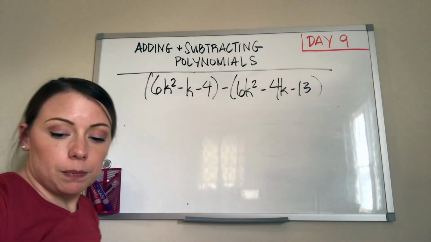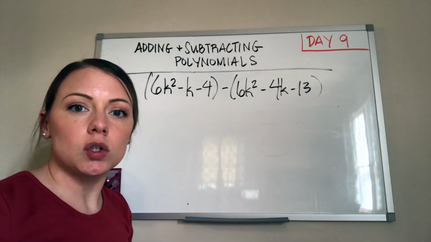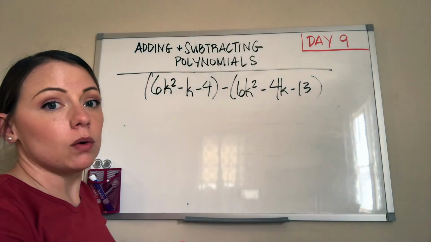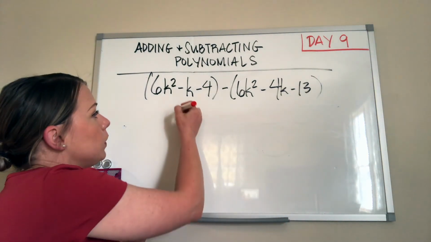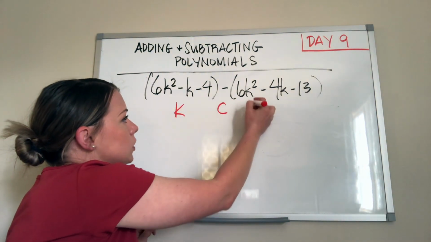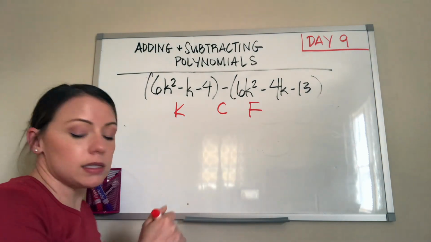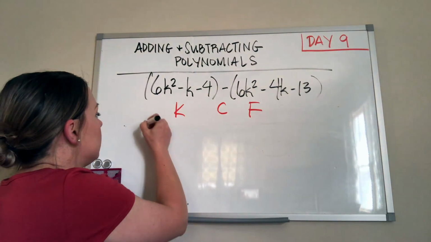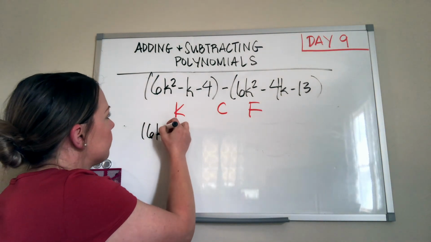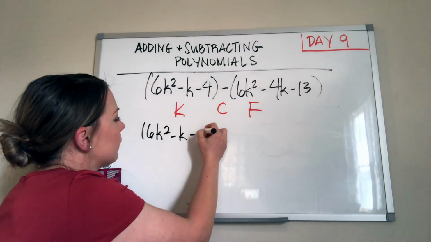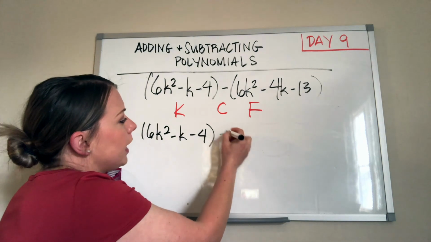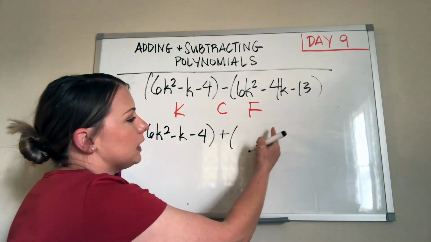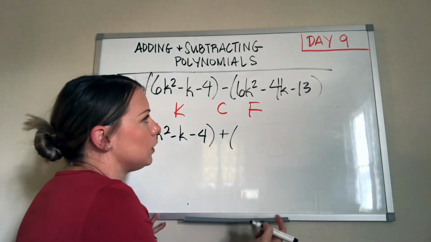All right, so I want to actually add the opposite of the second polynomial, which means I'm going to keep, change, and flip. So let's keep our first polynomial completely the same. Change my subtraction to addition and flip the sign of every piece in my second polynomial.